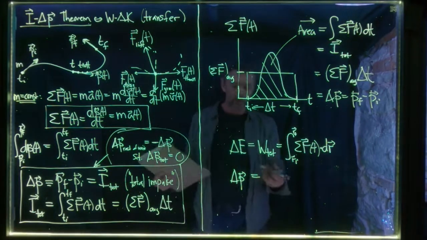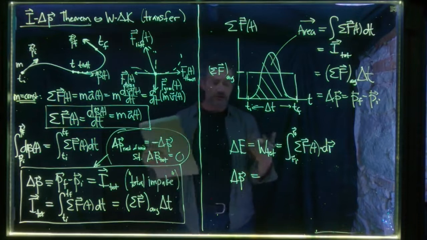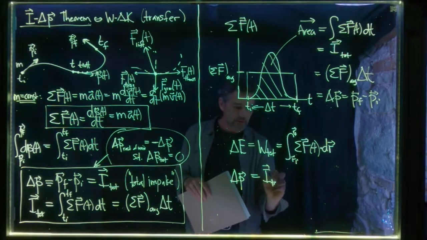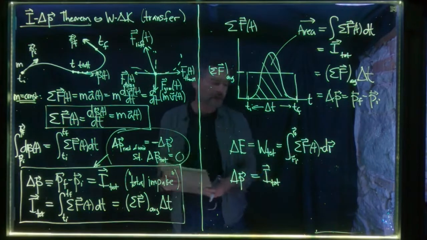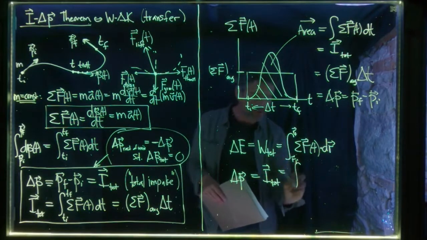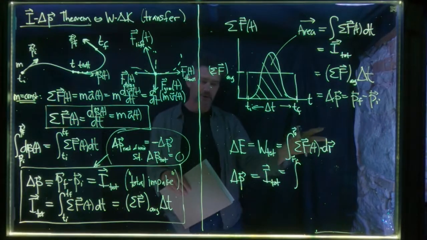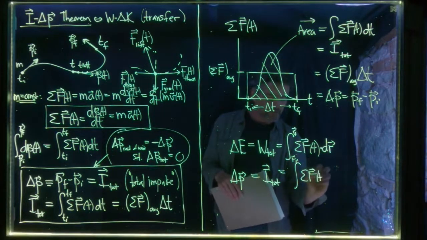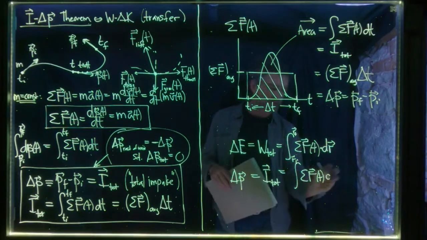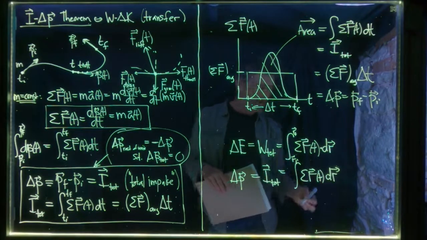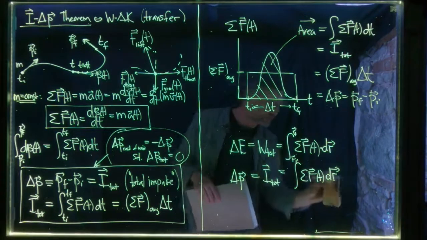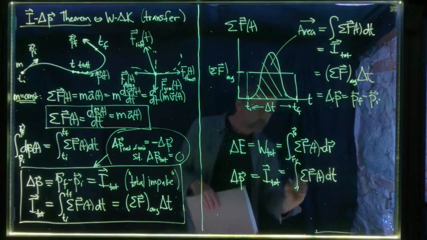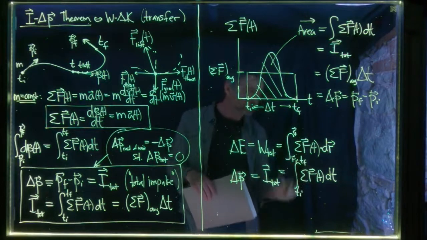What causes a change in momentum is when you impart impulse, and that impulse is imparted not by a force acting through displacement, but by a force acting over time. So you take the sum of the forces, the net force at any instant of time, and you integrate over time from t initial to t final.